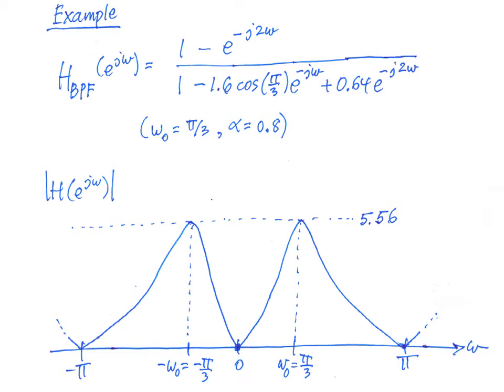So looking at this over the positive frequency range within one period, from 0 to pi, we see that it goes from 0 up to a peak value at omega naught and then back down to 0 at pi. This is the bandpass filter response, an approximation to the ideal, which would have been a rectangular pulse centered at omega naught.